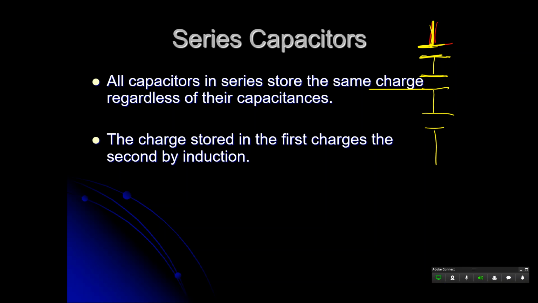And I charge this first capacitor at the top, and it's going to have 4 positive charges. So what's going to be the charge on the plate that it's right next to? 4 negative. Great. Where do those negative charges come from?